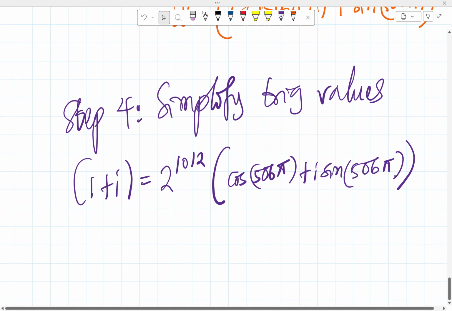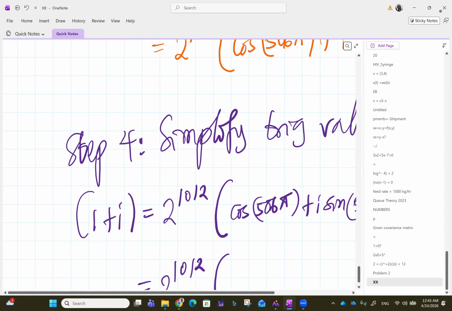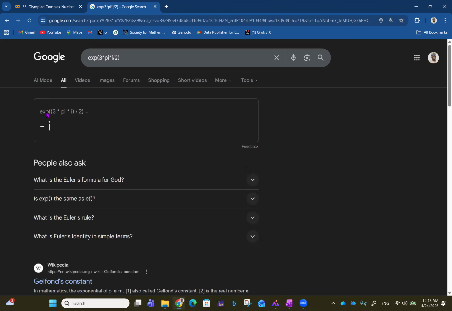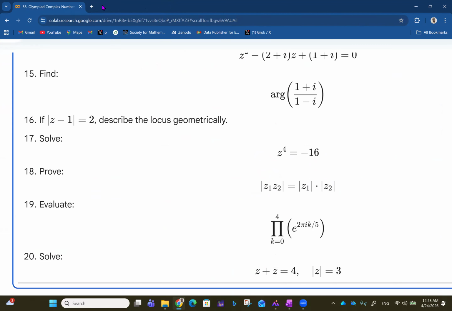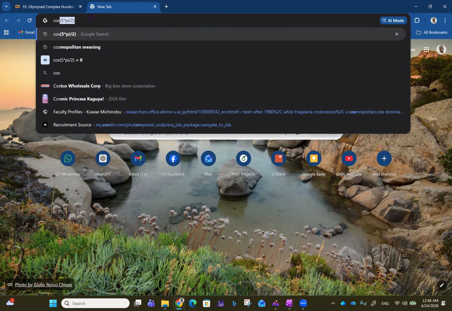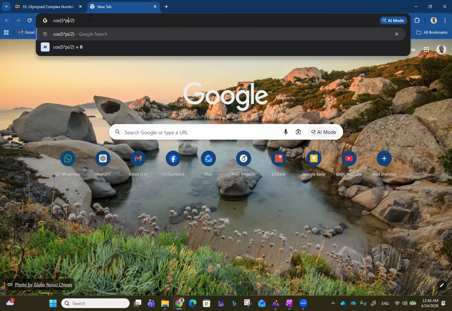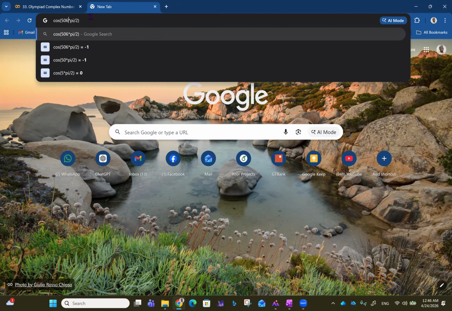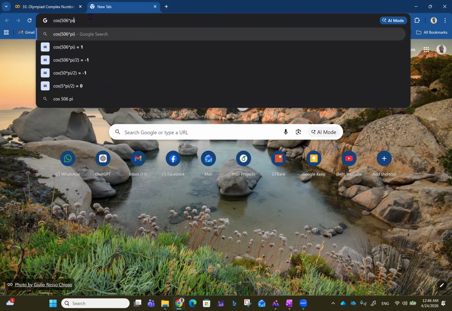So what is cos 506 pi? As usual, you can use Google. So I come here again, cos... if you're starting afresh, you can just do cos, and it's even giving me the option already. Cos of 506 times pi.